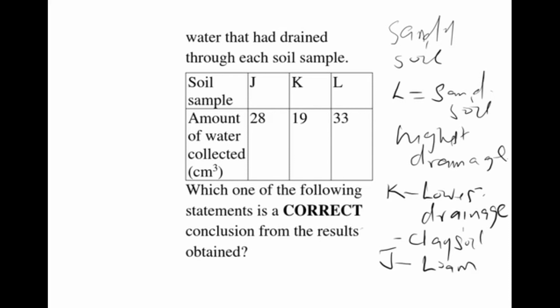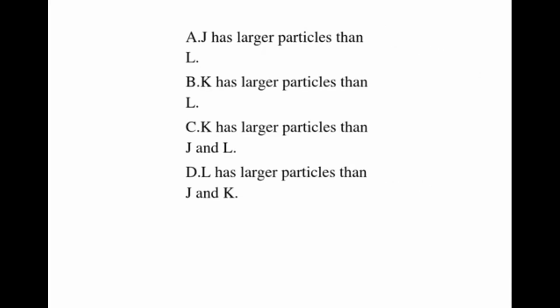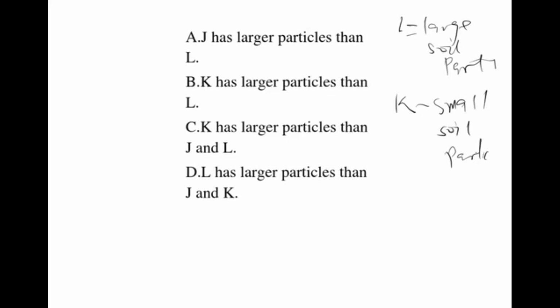So when you look at all those three different types of soil, they have different sizes of soil particles. Soil L has large soil particles. Then we have K, which has small soil particles. And finally we have J, which has medium soil particles. They are neither large nor small.